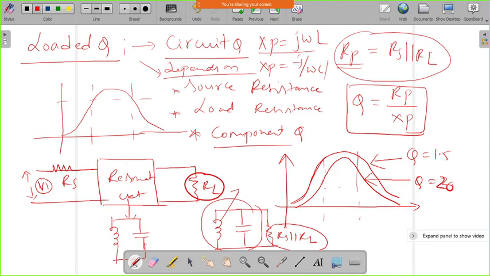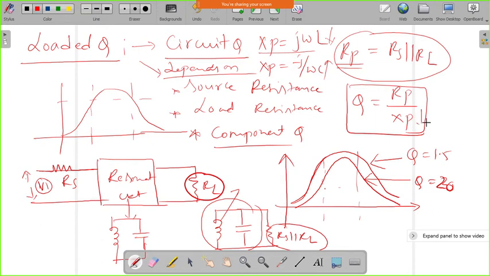If I have a higher C, again the reactive component will decrease and it will increase the Q. So either you decrease L or increase C, which will decrease the reactive part and increase the Q.